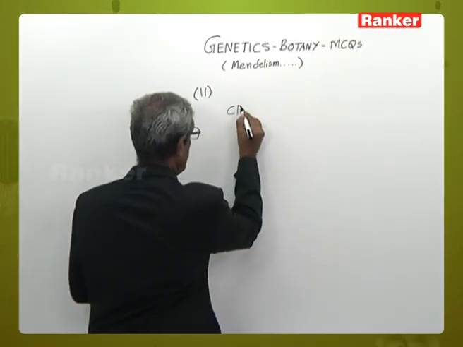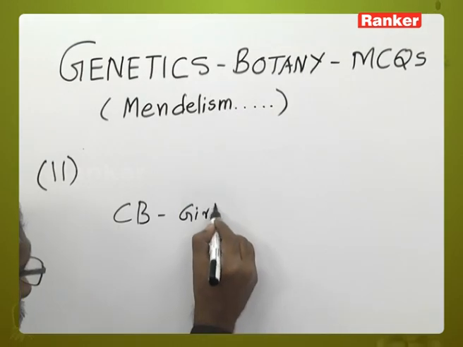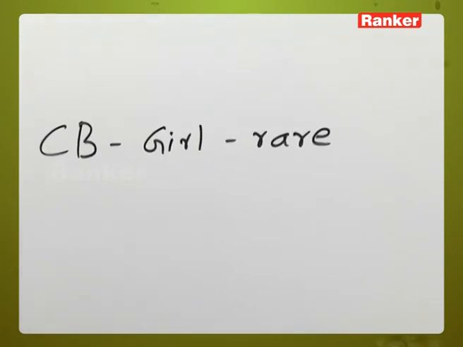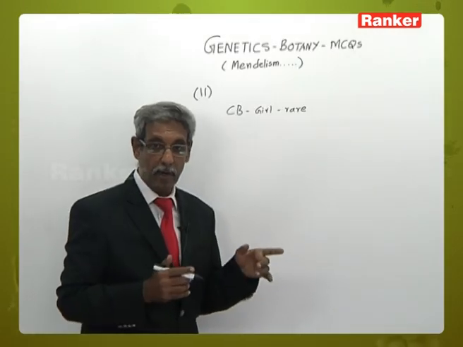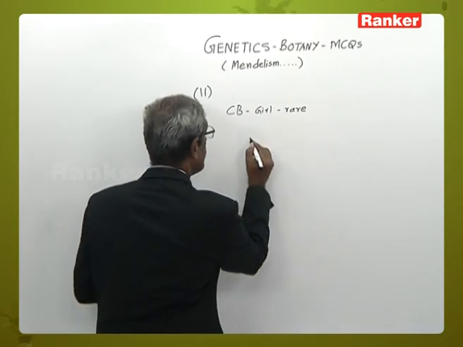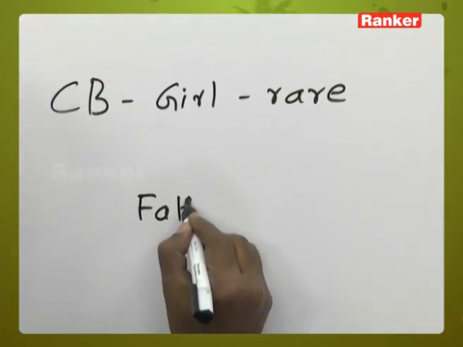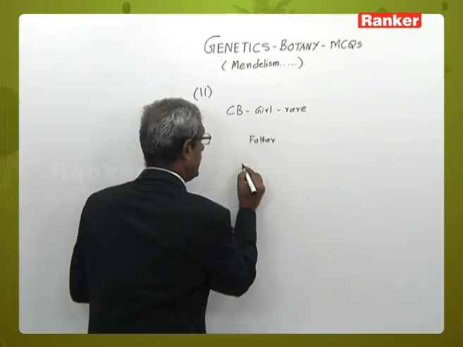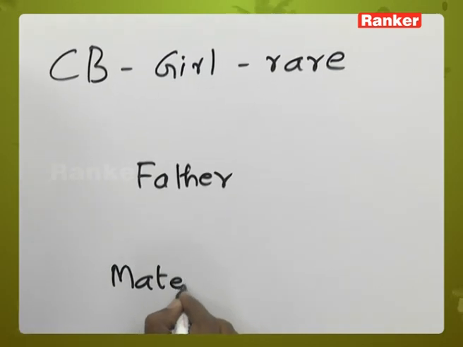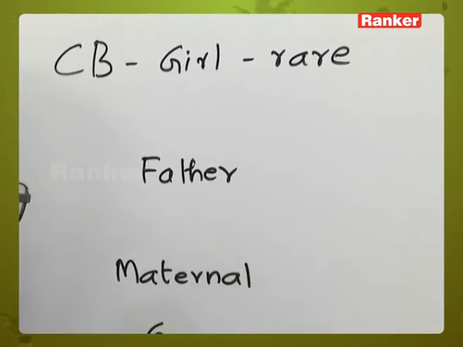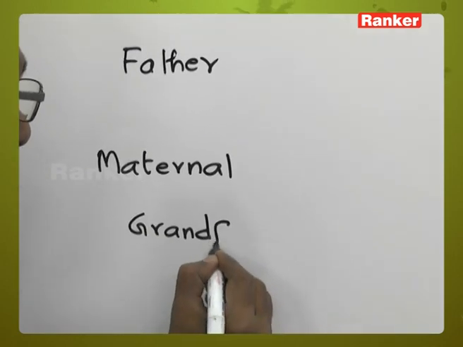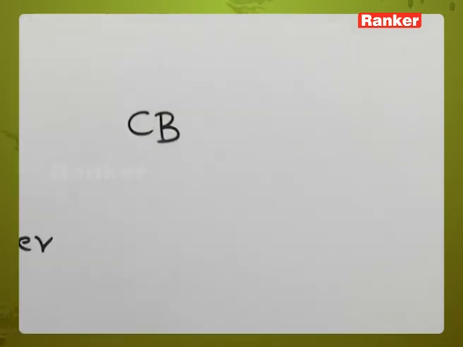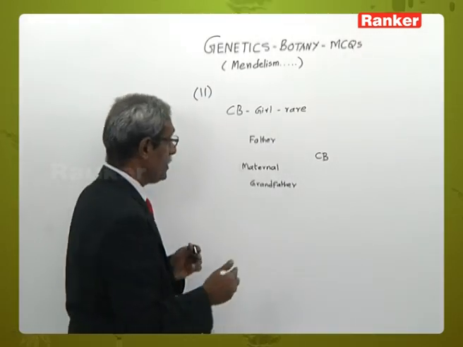A colorblind girl is extremely rare, and she'll only be born if her father and maternal, that is maternal grandfather is colorblind. The answer to the 11th question is B.